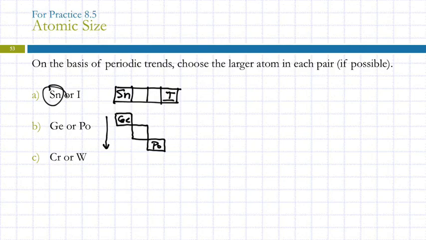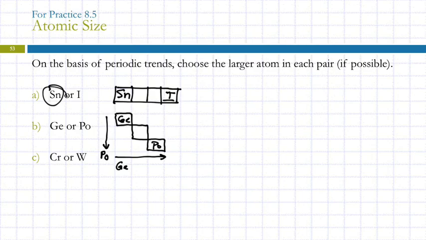Bigger. So the trend going down would say that polonium is bigger. The trend going across, we said they're getting smaller. So going across says that germanium's bigger. These two trends are contradicting each other. So a reasonable answer here would be it's not possible to tell.